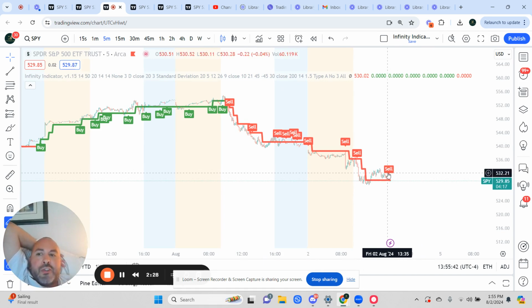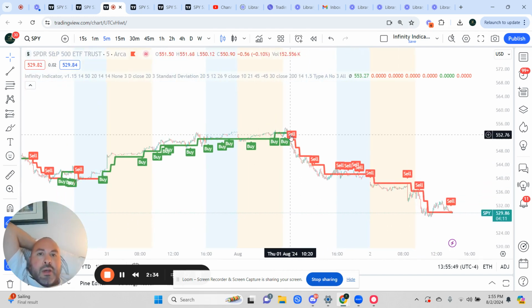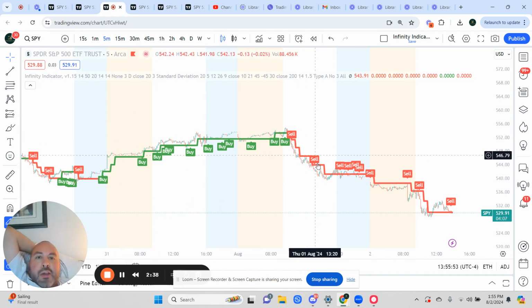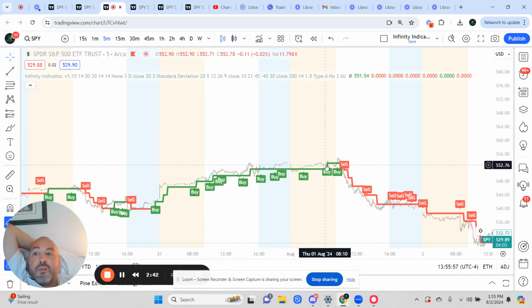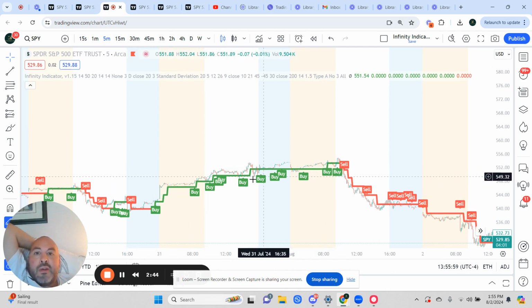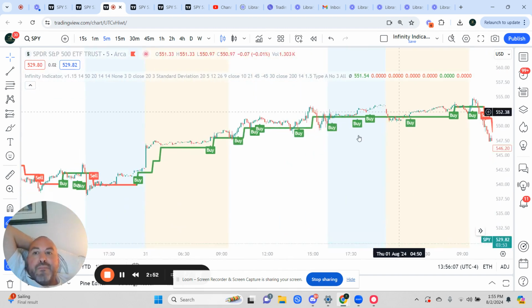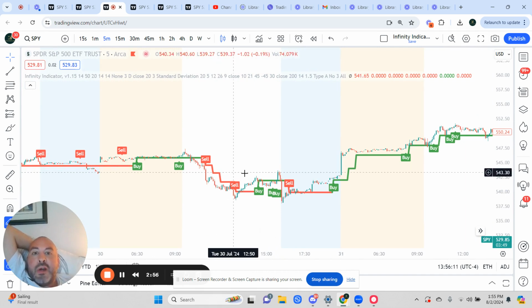So let's go back and look. We've got some nice winning trades here, some nice sell winning trades here. You can see the trades it's only taking are in the direction the market is moving. We're getting some really nice trades, some really nice points to average in at, and overall it's working really well.